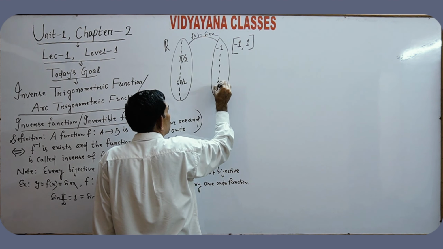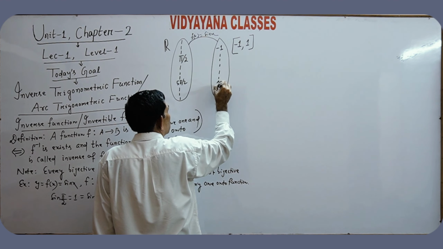Since f(x) equals sin x, f from the real set to the closed interval [-1, 1] is not bijective, as it is not one-one.